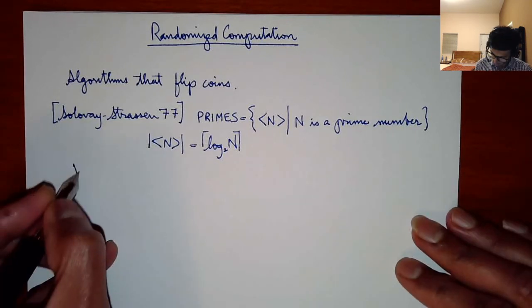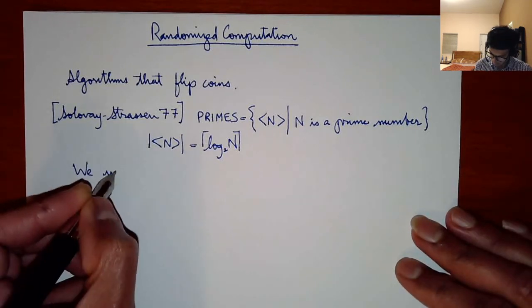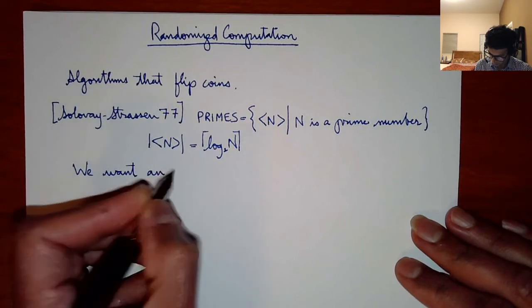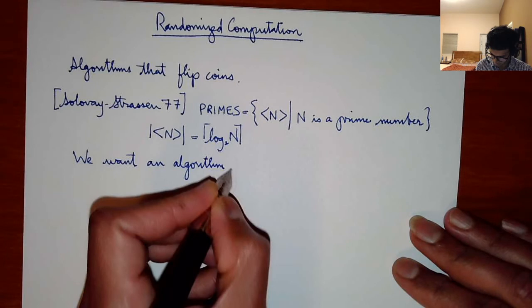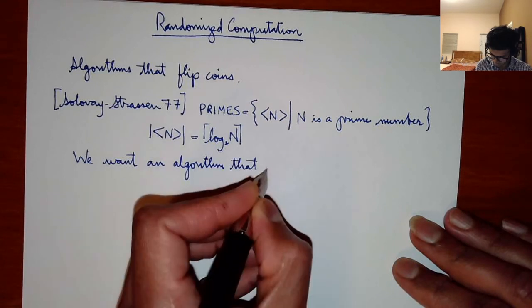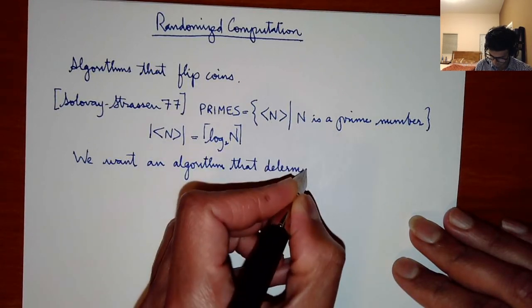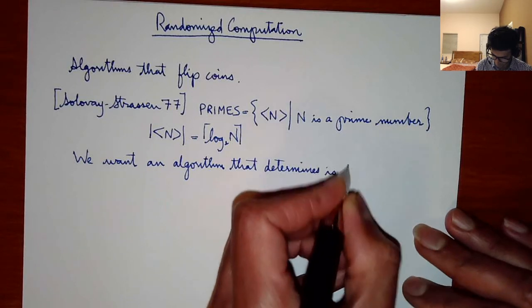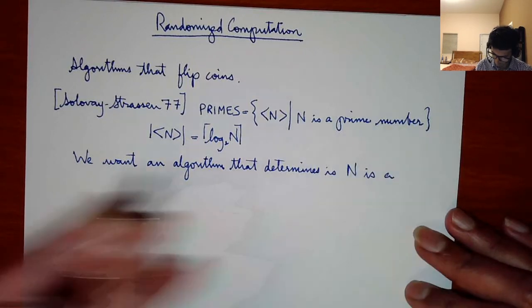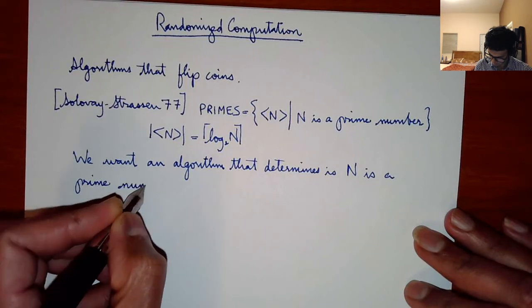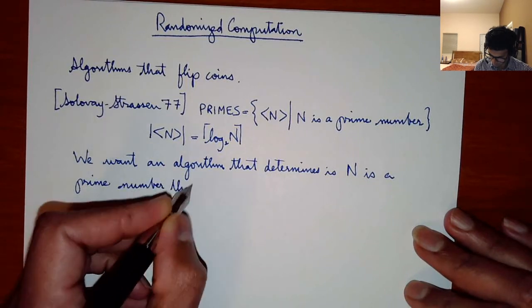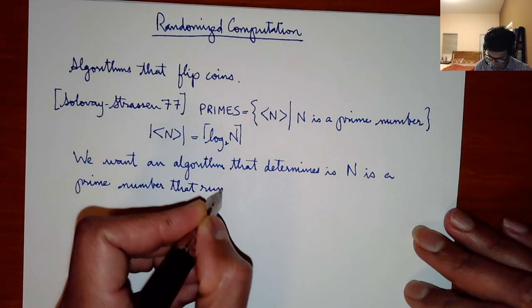So we want an algorithm that determines if n is a prime number, that runs in polynomial time.